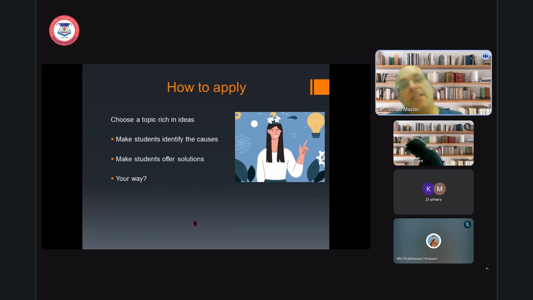How can we apply critical thinking? Everybody can write a solution, right? What if they don't like the solution of other students? You can immediately ask them, why don't you like your friend's solution? What's wrong in his or her solution? And they will answer your question, and they will do it in a critical thinking way.